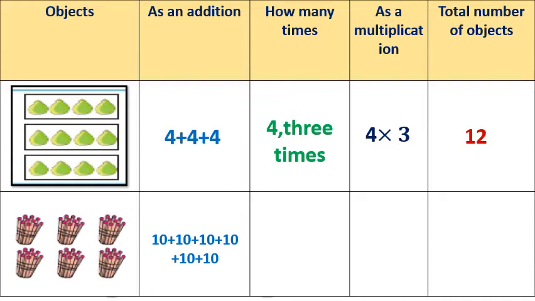Means here how many times will we write? 10 6 times. Okay. Now as a multiplication we will write 10 multiplied by 6. Then 10 6s are 60. Correct? Means there are 60 matchsticks in 6 bundles.